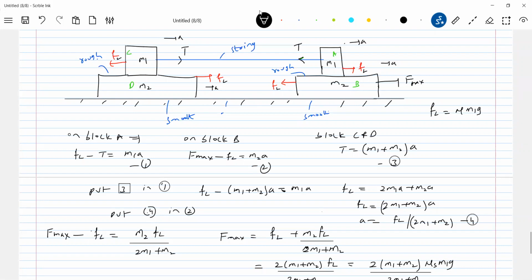Yes, sir, can we equate block B and block D? Block B and block D, what are you doing? There's a calculation like this, I showed it in a very simplified way.